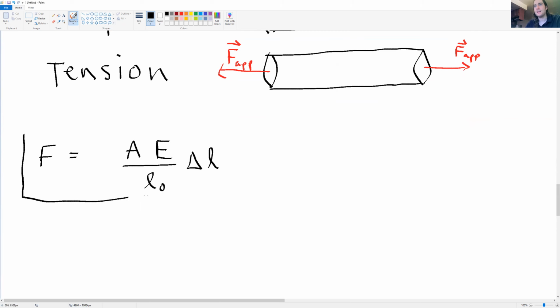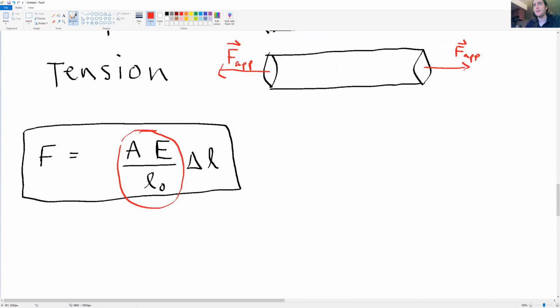And this is basically Hooke's law, where this thing right here can be thought of like the spring constant. So this is constant, and this is our linear behavior right here.